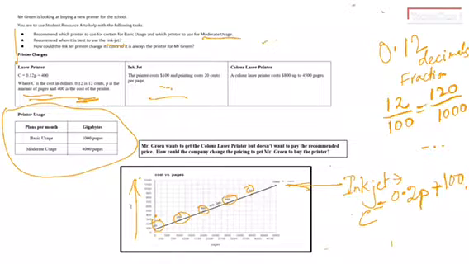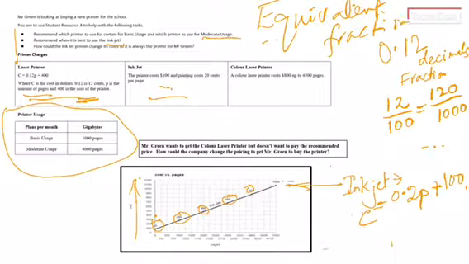And you might have to look at the equivalent fraction. That means it could be 240 over 2000 or 360 over 3000. You need to understand that at level 1 NCEA.